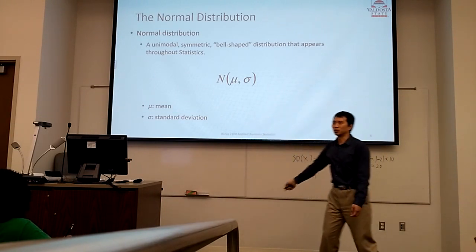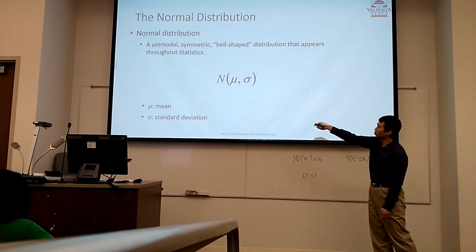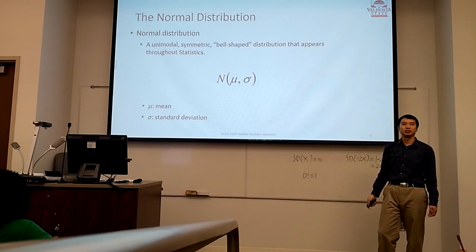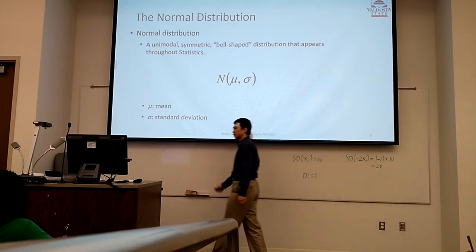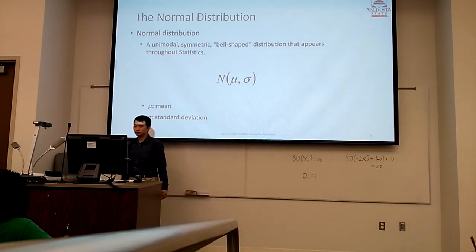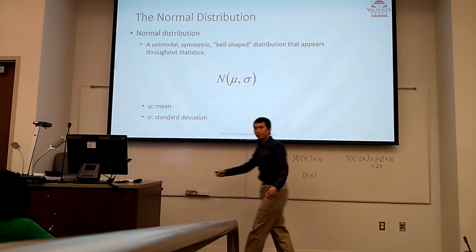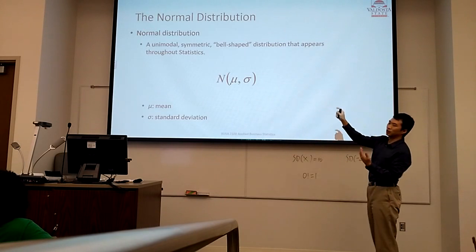So this is a normal distribution. We have two parameters: mu, which is the mean, and sigma, which is our standard deviation. For this slide, we need to know what a normal distribution looks like.